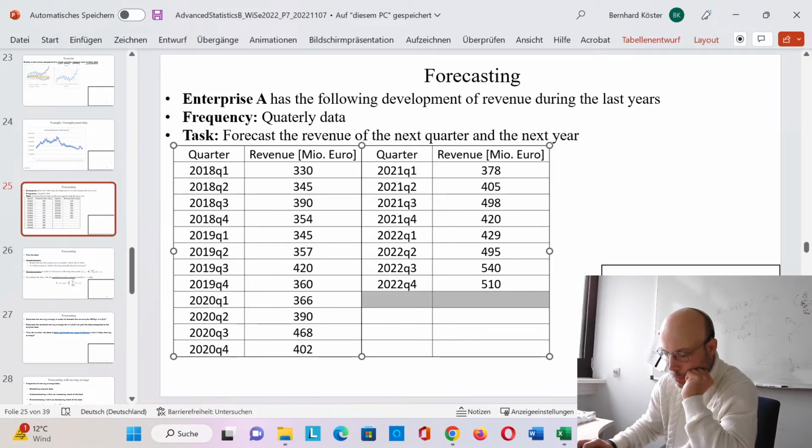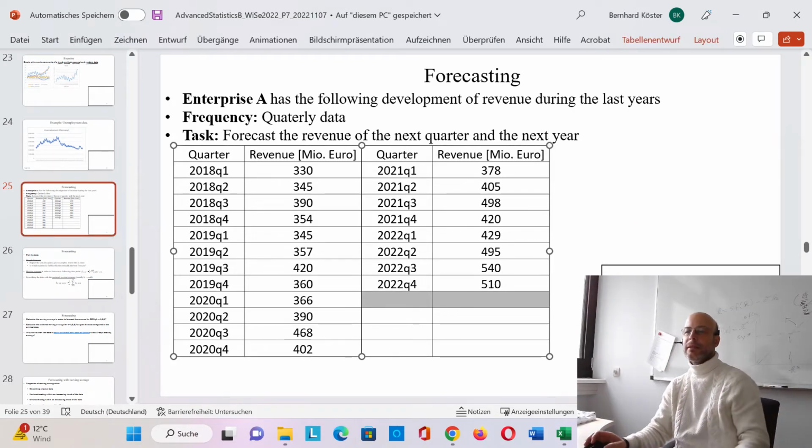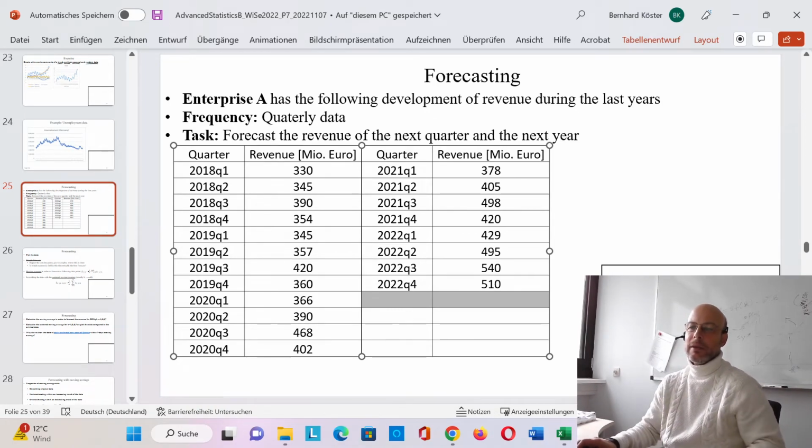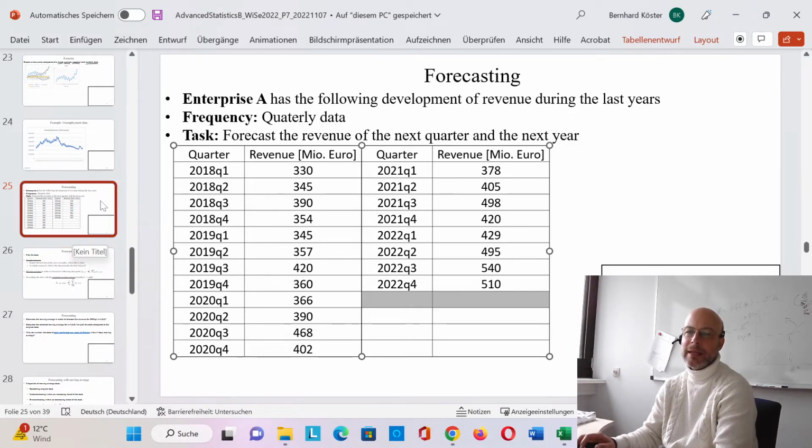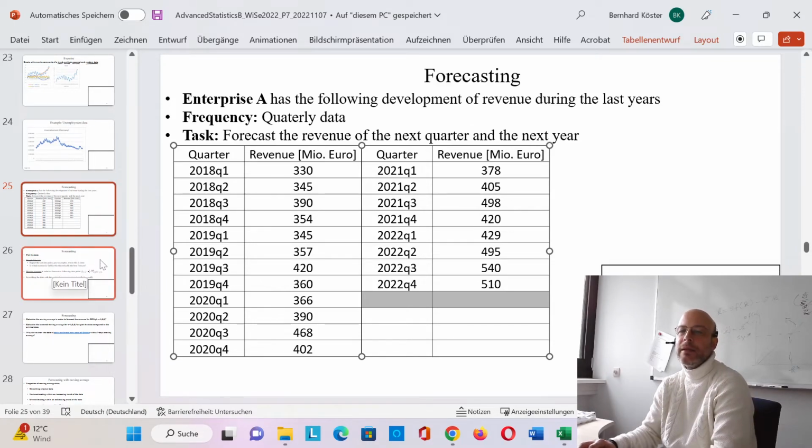So if we want to forecast the next quarter, so what will happen in 2023 in the first quarter, and of course maybe in the whole year, which we will see the next time. And for this, we will then take some different methods of making a simple forecast of this time series.